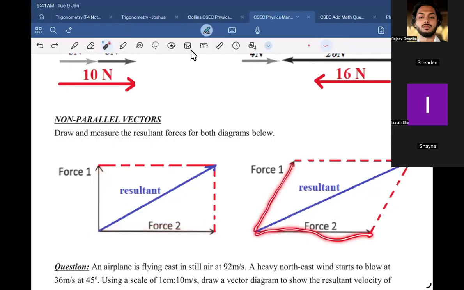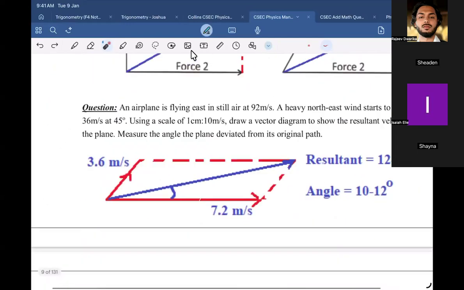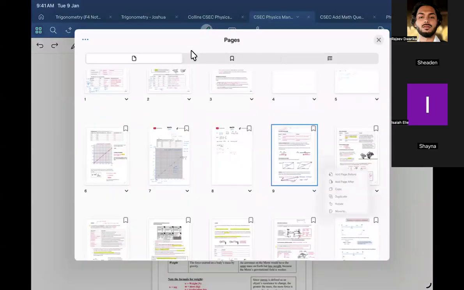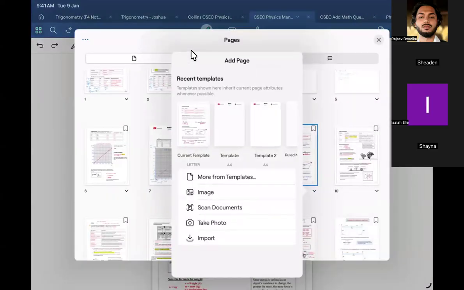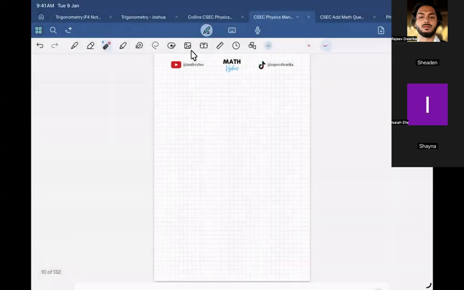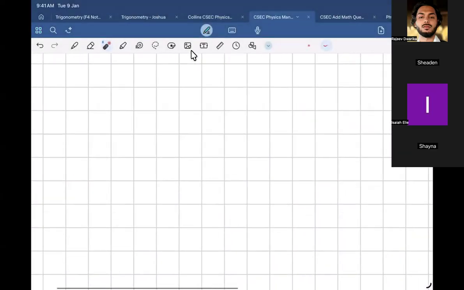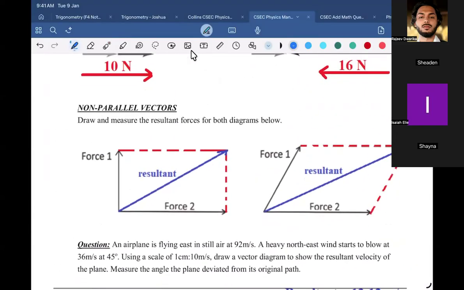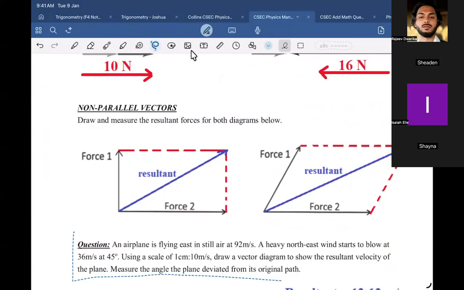No. Okay, so let me show you how this works out. I'm going to show you all two approaches. I'm going to give you an example, and then I'm going to allow you to copy it down. So let's take this question and do it together.